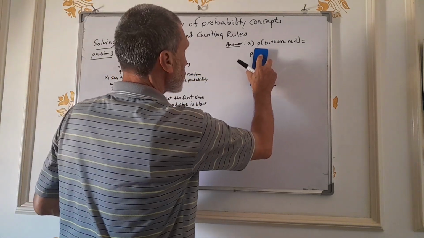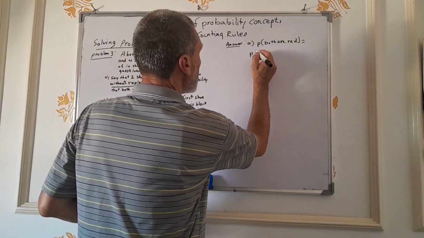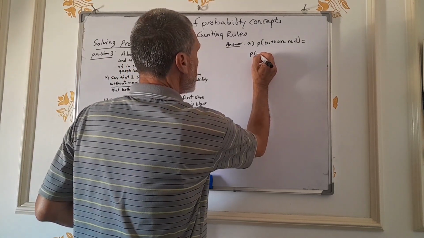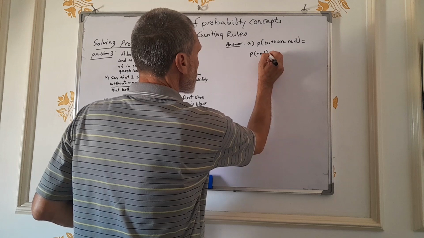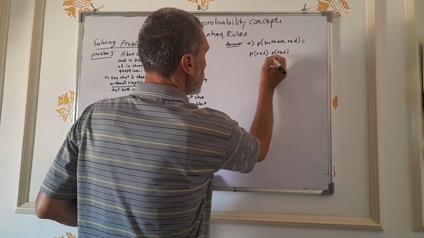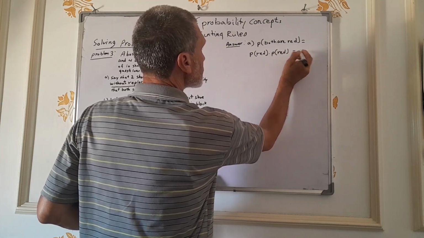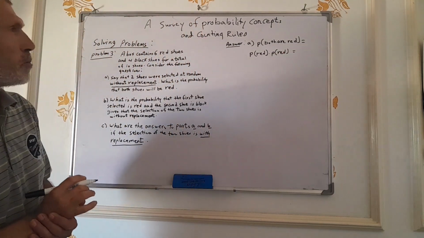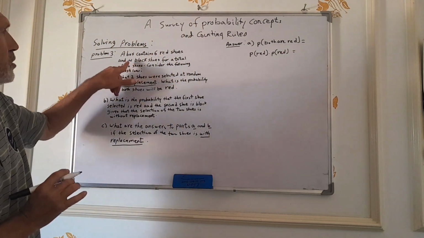The probability of red: we have 6, and the total number is 10.